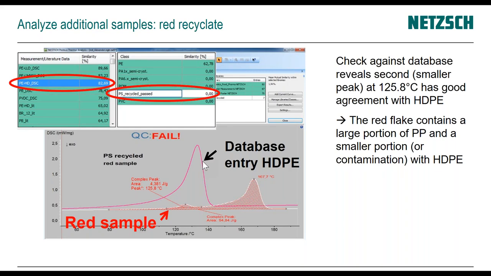So the DSC method is not only useful to identify materials, and we have here a very fast screening method, but it is also helpful to quantify how much of a material is in your composition, which is another very helpful thing. Again, it helps if you have a baseline for that comparison.